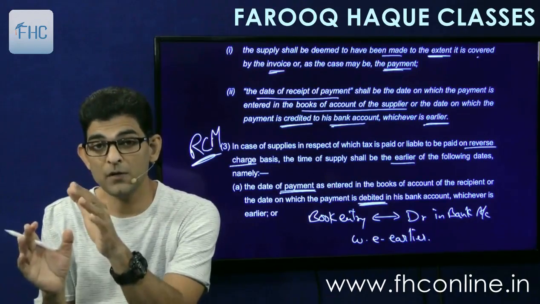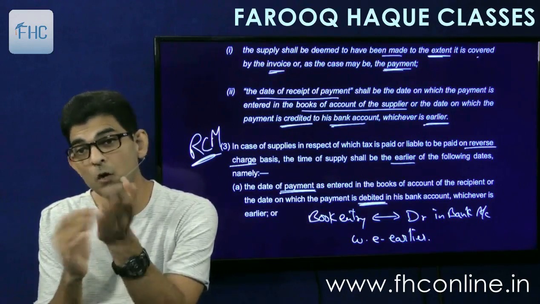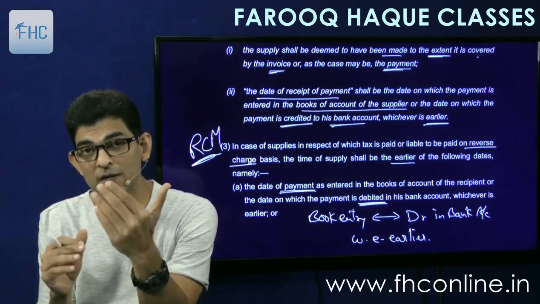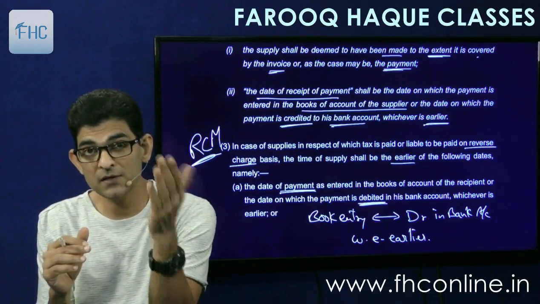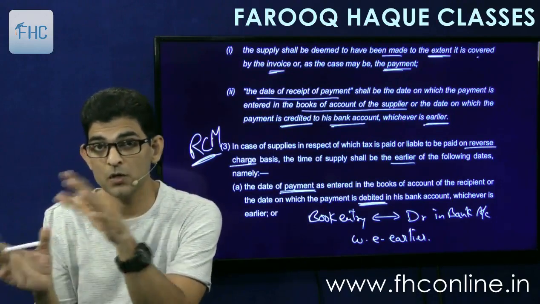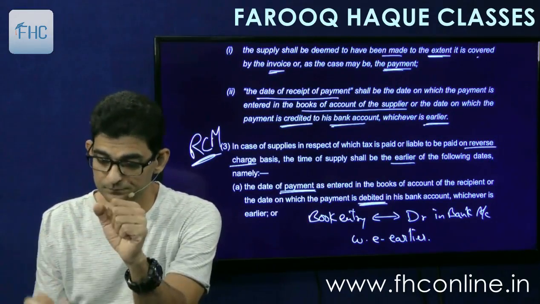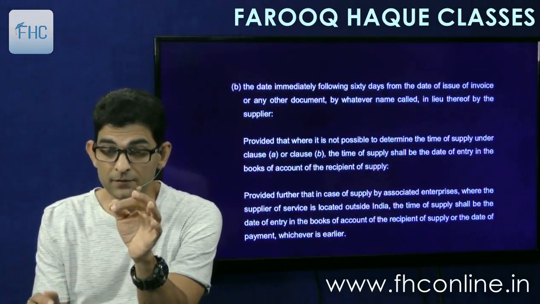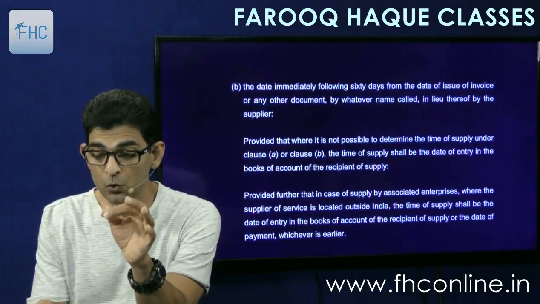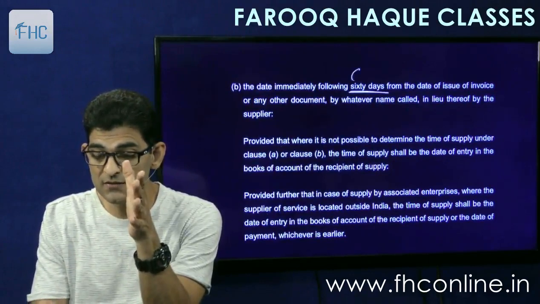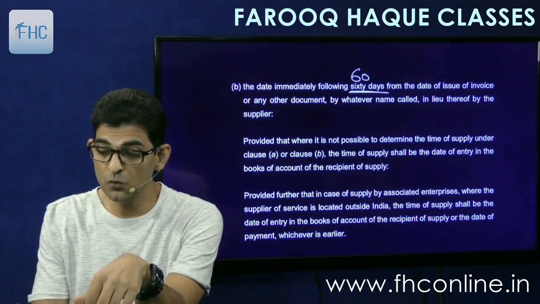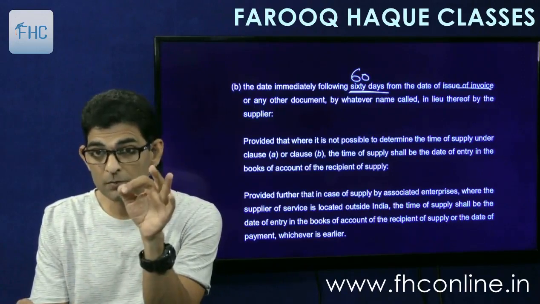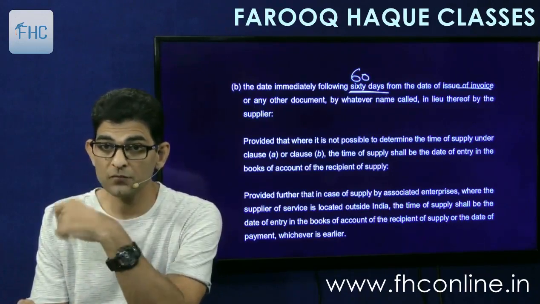Book entry of payment, or debit in bank account, because when we issue the cheque it is cleared, and when it is cleared it gets debited to my bank account. So whichever is earlier. This will be compared with the date immediately following 60 days from the date of issue of invoice or other document, by whatever name called, in lieu thereof by the supplier.